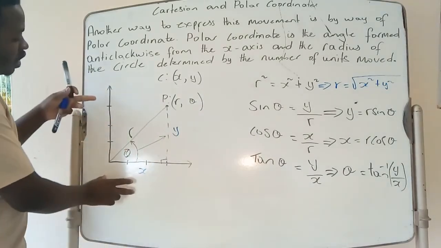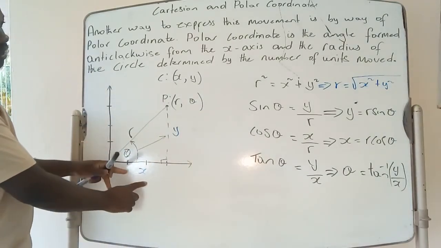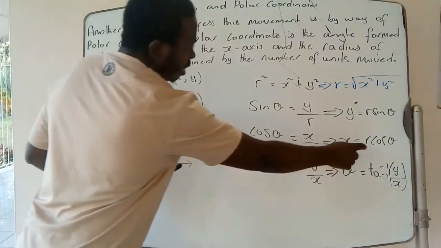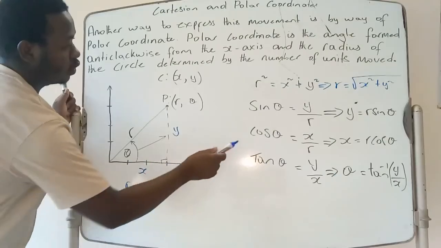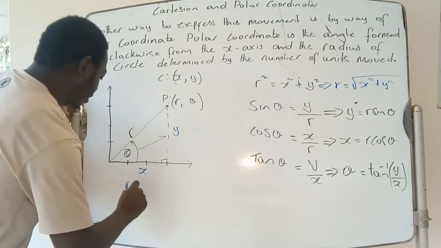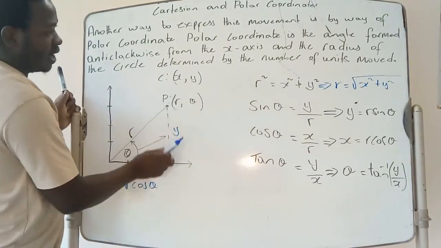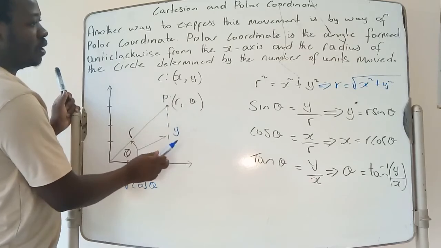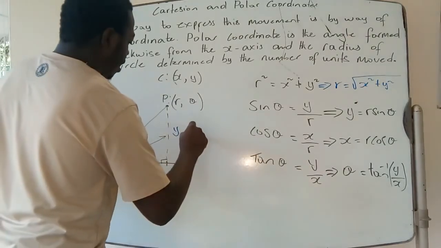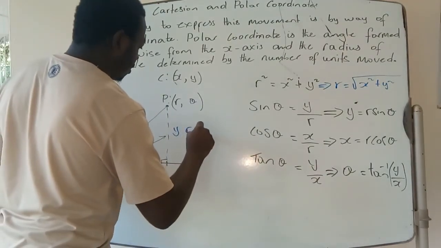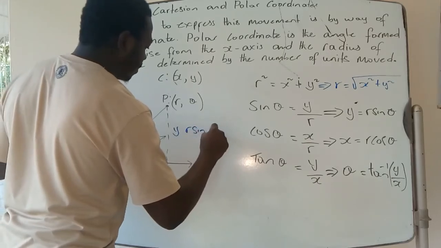So if we observe this diagram, where x is basically r cos theta, right? So where x is r cos theta, this distance y is the same thing as saying r sine theta.